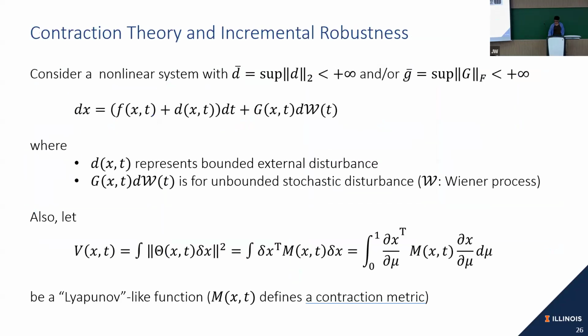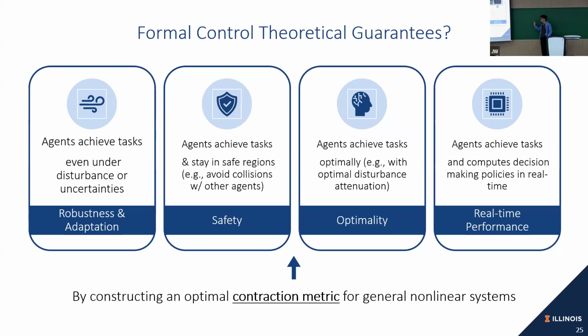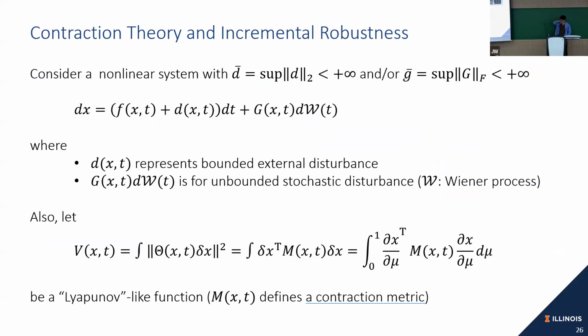I definitely don't have time to talk about all of these, but let me start with robustness. So now we have a dynamical system. This is probably the first appearance of a dynamical system in my presentation. Let's consider a dynamical system. I don't even have u here, but this can be a closed system where u is already designed.